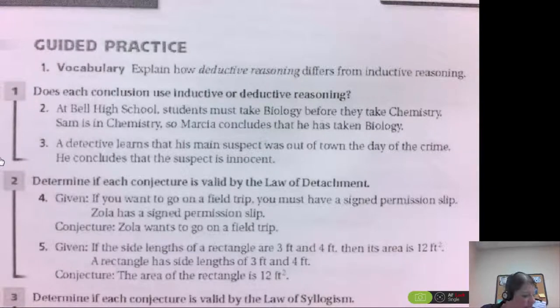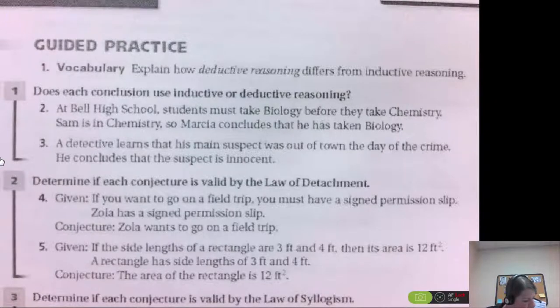That should have been facts, so deductive reasoning. A detective learns that his main suspect was out of town the day of the crime. He concludes that suspect is innocent. Were there facts or a pattern? On that one, I also found it to be deductive reasoning.